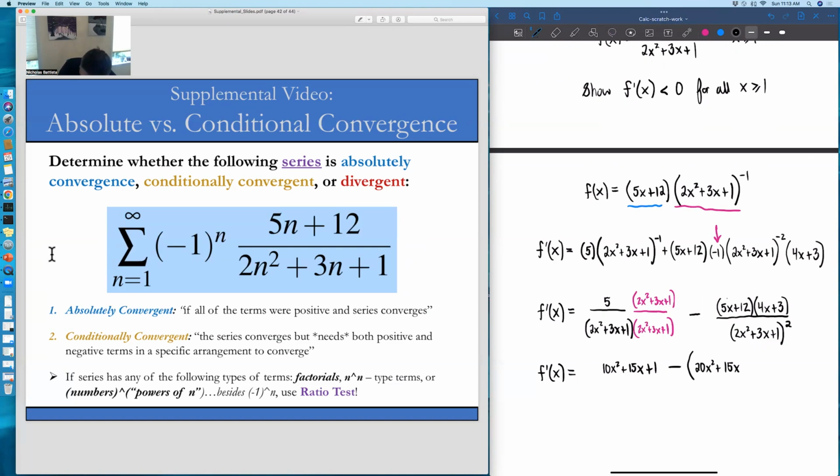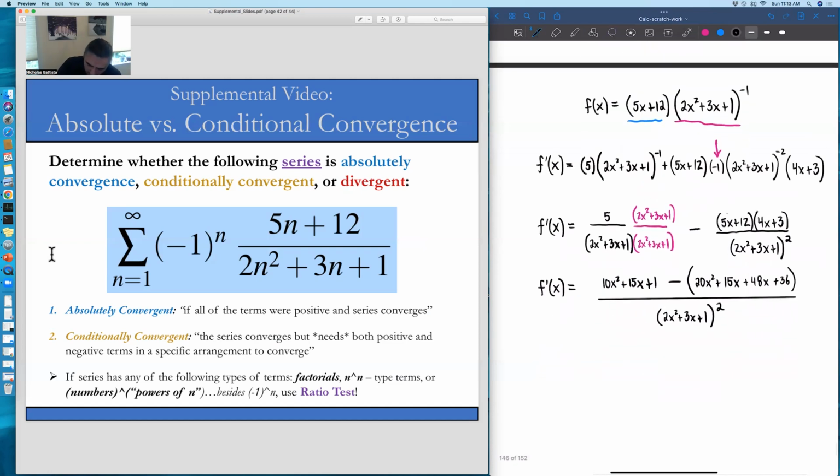Now distributing the 12 into the next, we get 12 times 4x. That gives us plus 48x. And then finally, we have 12 times 3. That gives us plus 36. And that's all sitting on top of the same denominator now, which is the 2x squared plus 3x plus 1, that quantity squared.